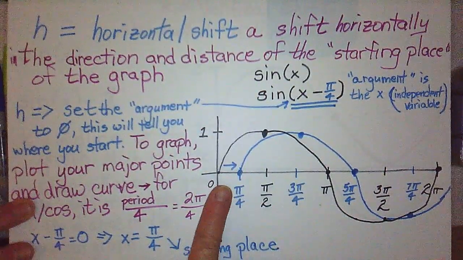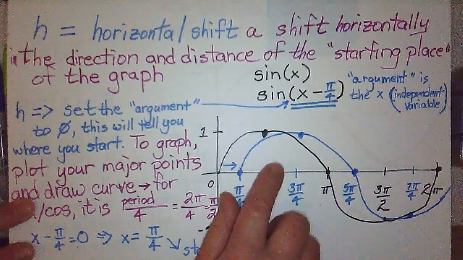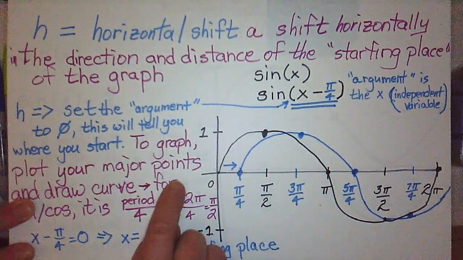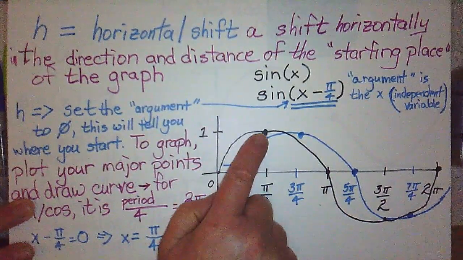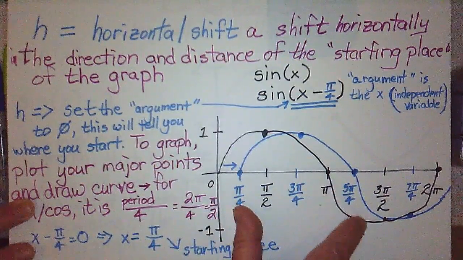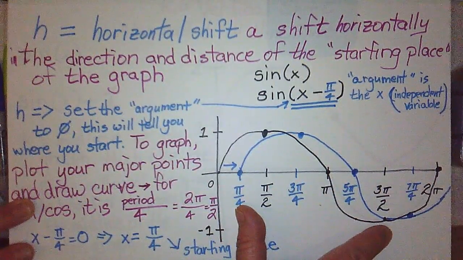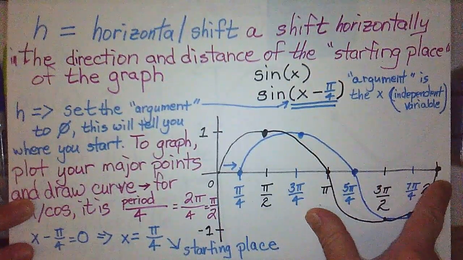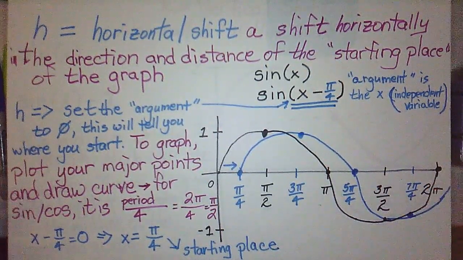You can see it starts at 0, 0. It goes to the 5 points that you learned before: (0, 0), (pi over 2, 1), (pi, 0), (3 pi over 2, negative 1), and (2 pi, 0).